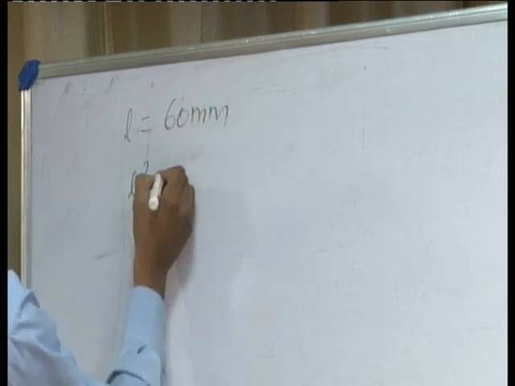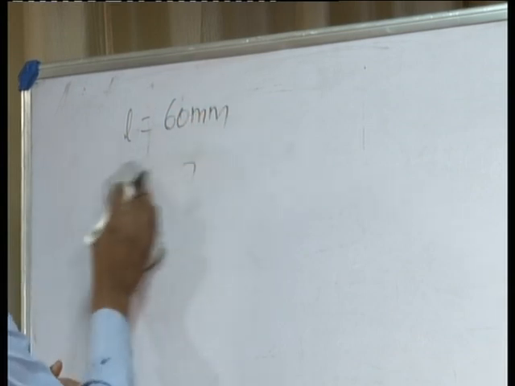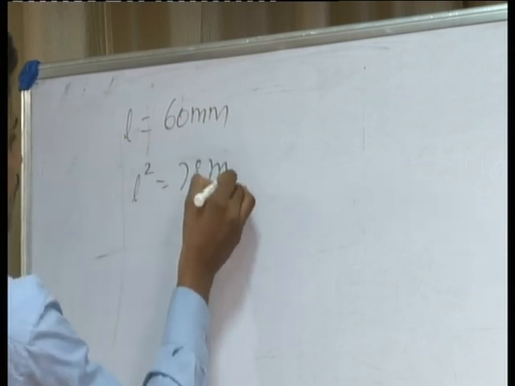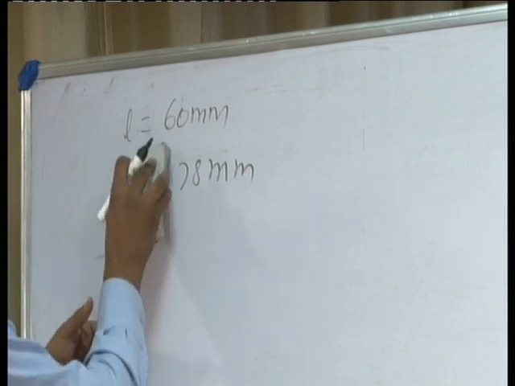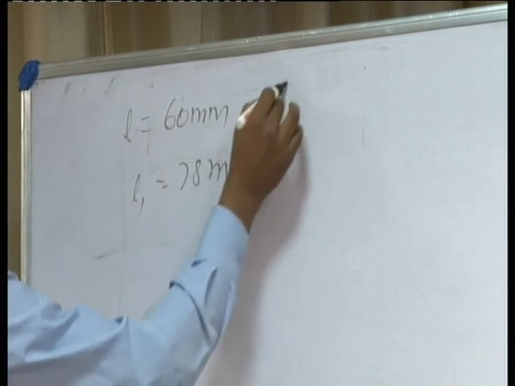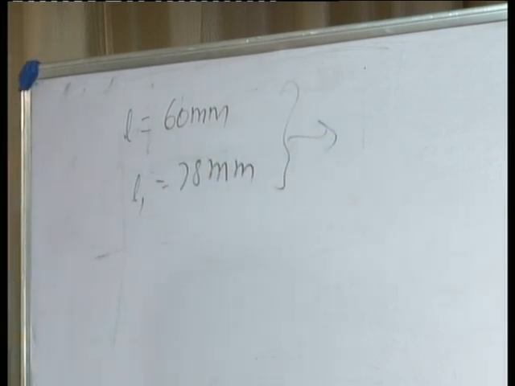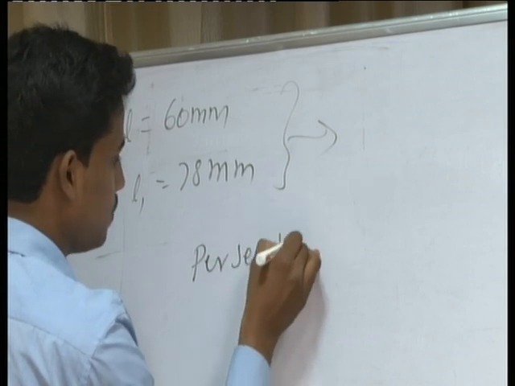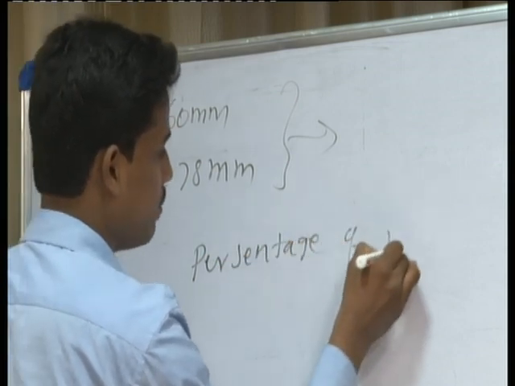Finally, after the testing, the specimen has become 78 mm. So we can conclude that the specimen is elongating, and we have to calculate the percentage of elongation.